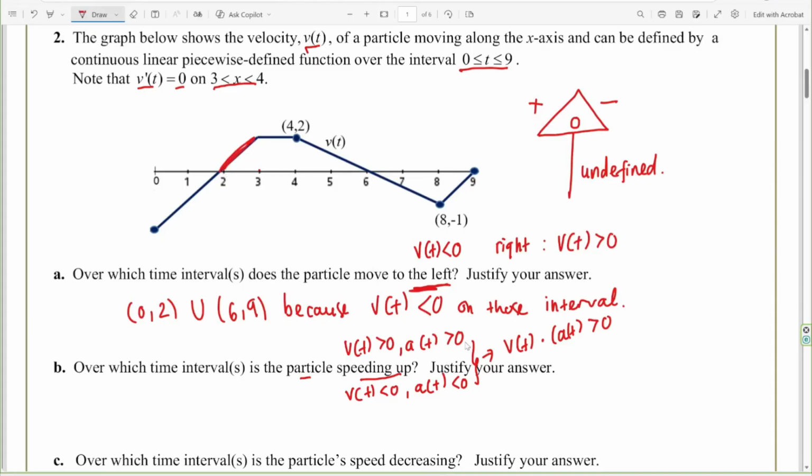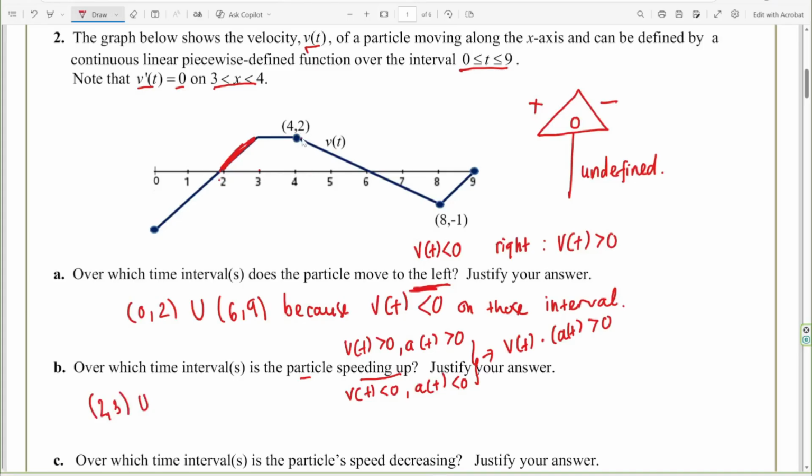And then a of t must be greater than 0, yes, because a of t is the derivative of v of t, right? Which is the slope of v of t, right? The slope right here is positive. Look at the Christmas tree trick right here, right? So it should be from 2 to 3, right? So I'm going to write over here 2 to 3 union.